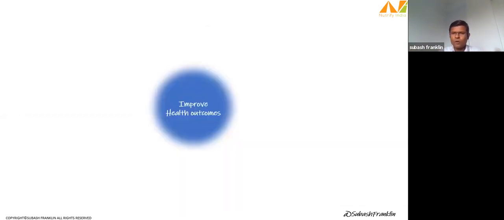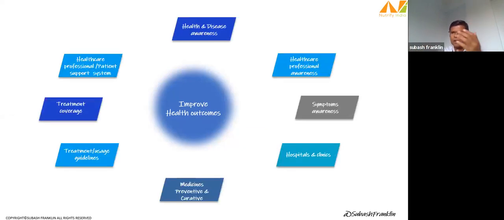So I'll show you a very simple example from a health perspective. Now, if you look at any healthcare product or service, the core objective is always to improve the health outcomes. Now look at what are the different stages through which the product or service has to go. You need to create health and disease awareness. Then you need to create awareness among healthcare professionals.